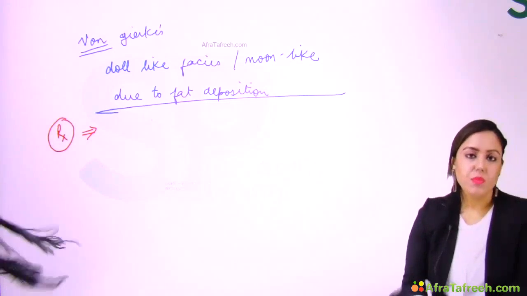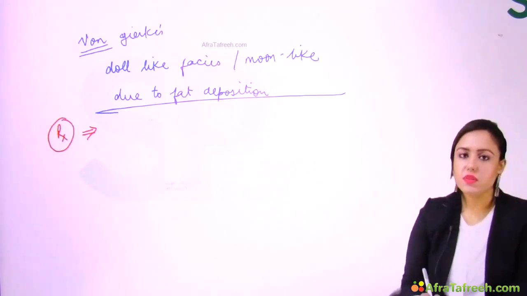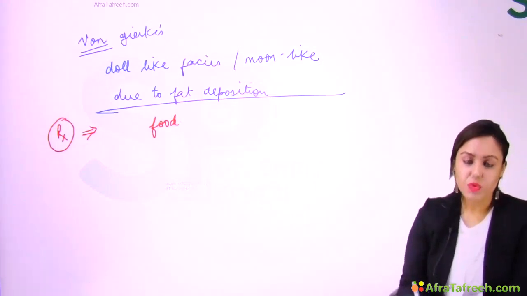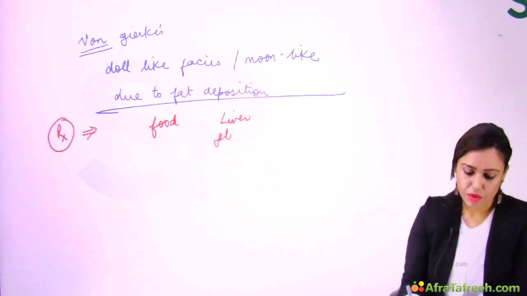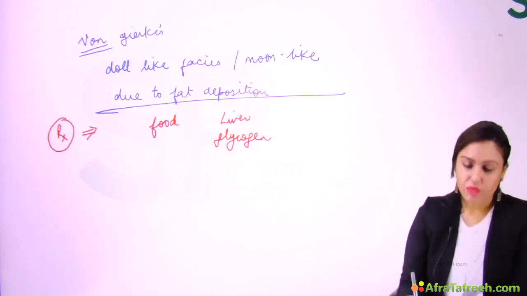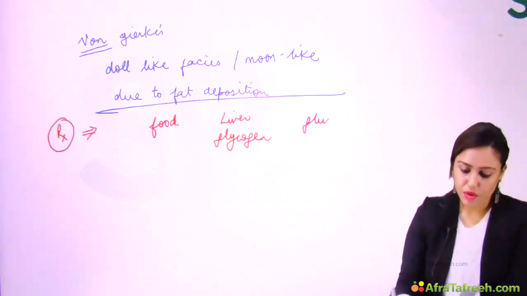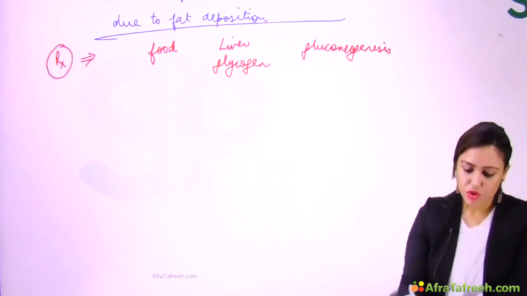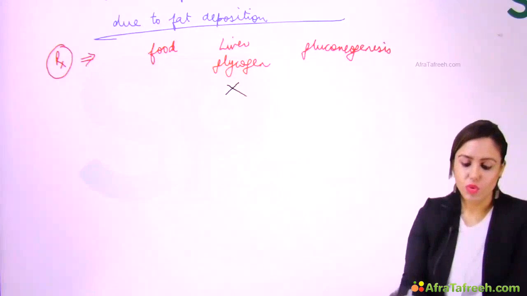See, the main problem in these patients is severe hypoglycemia. Okay, I told you blood glucose comes either from food. When food is not available, it will be coming from liver glycogen. When liver glycogen is not available, it will be taken from the pathway gluconeogenesis. But in these patients, glycogen breakdown also cannot occur in liver.